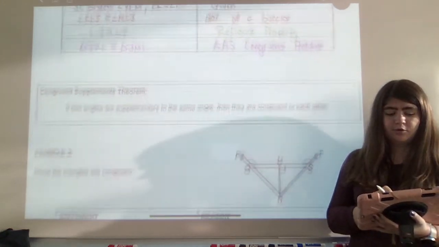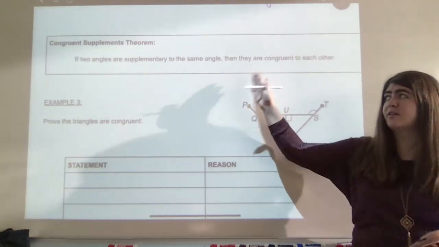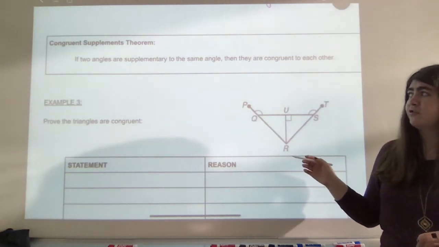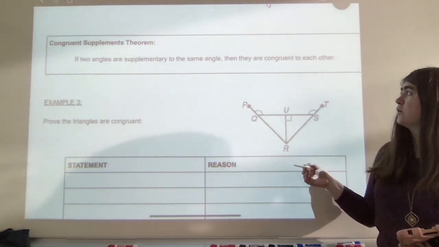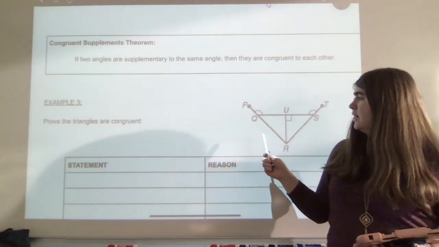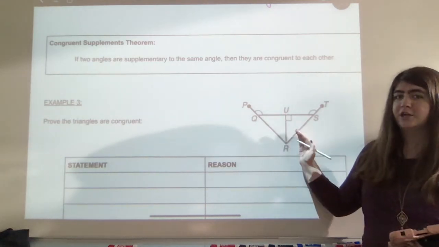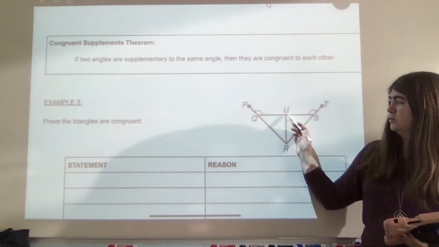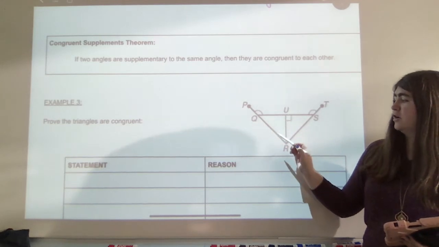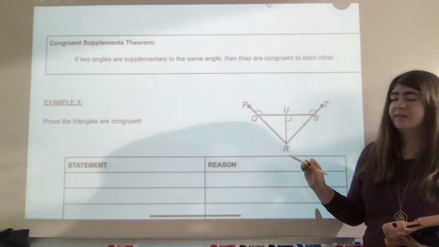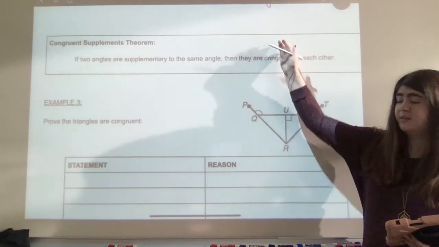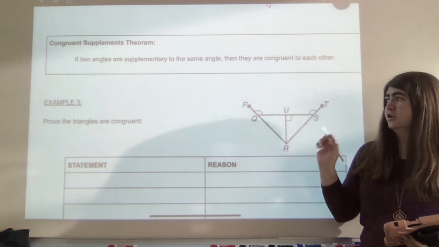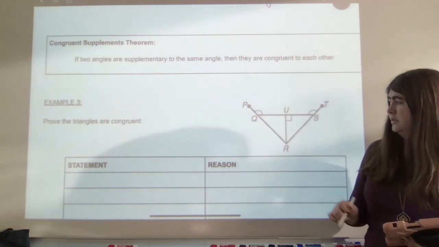And that circumstance requires that we learn about the congruent supplements theorem. The congruent supplements theorem says that if two angles are supplementary to the same angle, then they are congruent to each other. So if I am looking at this image here, if I have that PQU is supplementary with RQU, then I also know using this theorem that RSU is also supplementary to PQU and TSU and so on.